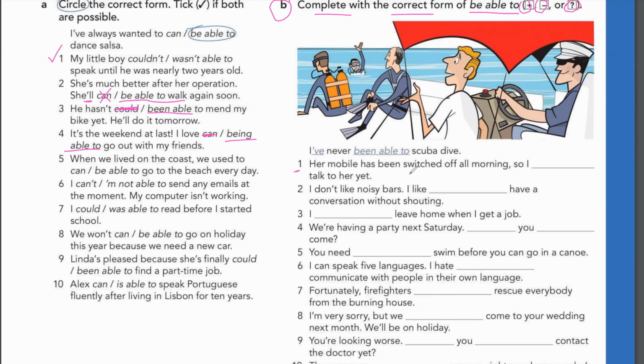Number 1, her mobile has been switched off all morning. So yet, when there's yet, I must use here present perfect. So I haven't been able to, right? So we're going to use that now here.